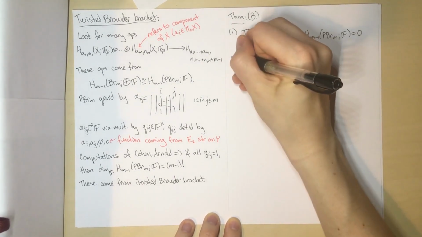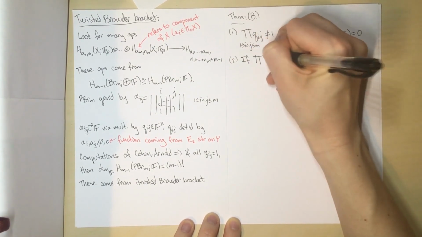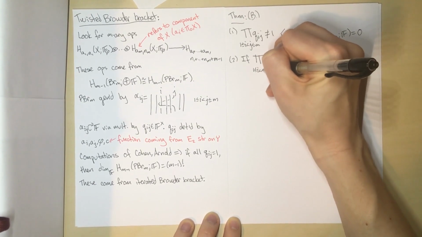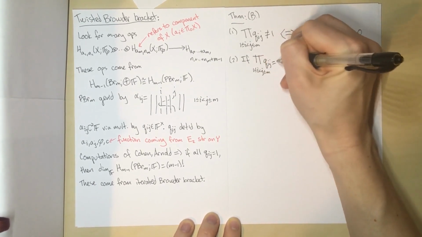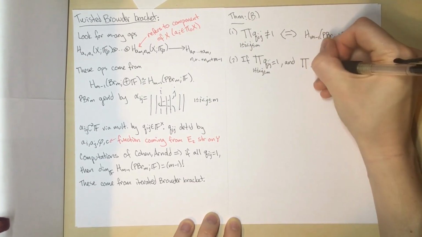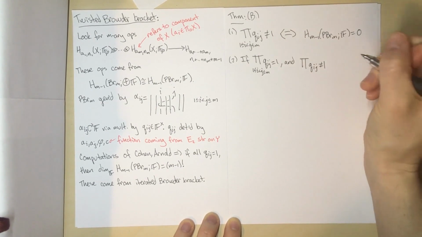I can also say that if this product is equal to 1, so that we do get something non-zero, and we make the further assumption that the product of all of the subproducts are not equal to 1.